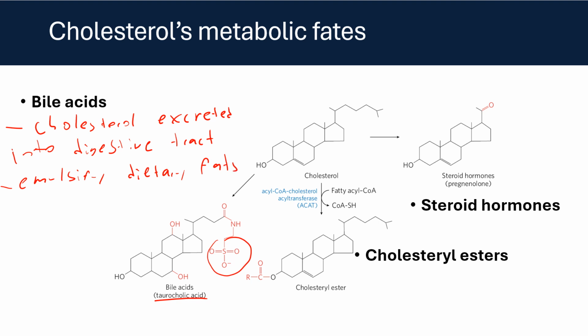Now, some of the bile salts will, of course, be taken up by our intestine, but a lot of it is also just going to pass through with our stool. So that's how we get rid of cholesterol, basically. Now, here's a fun fact.